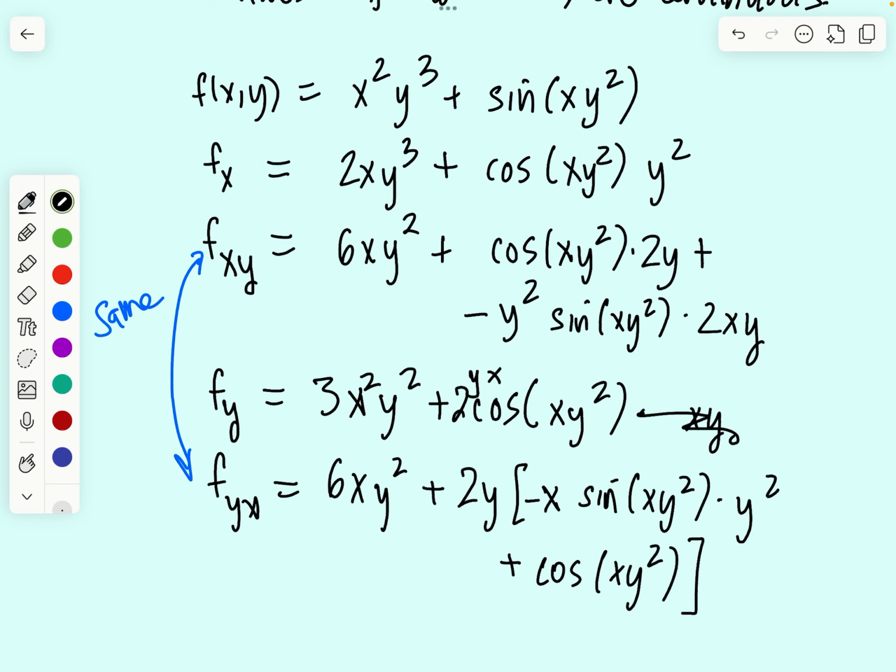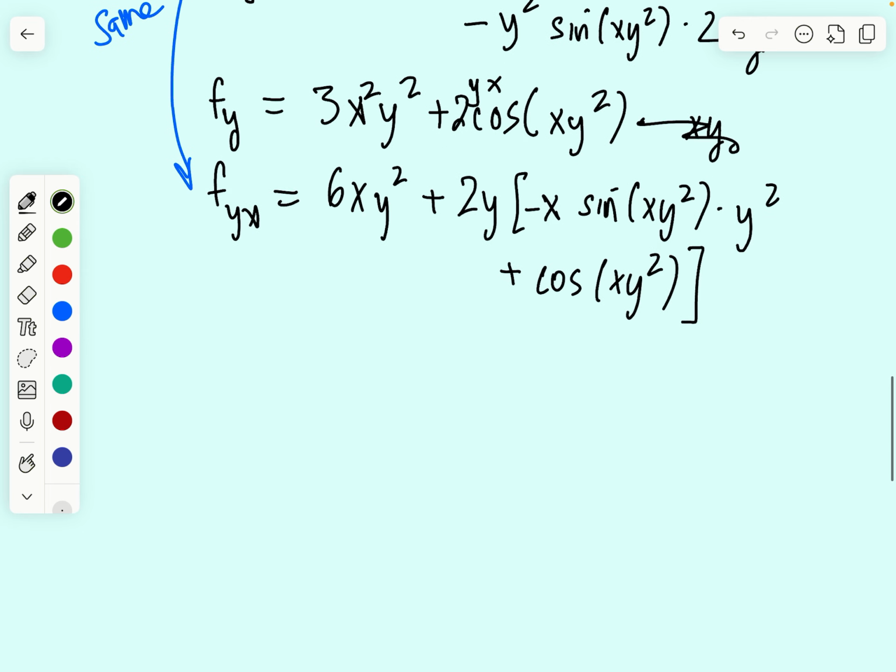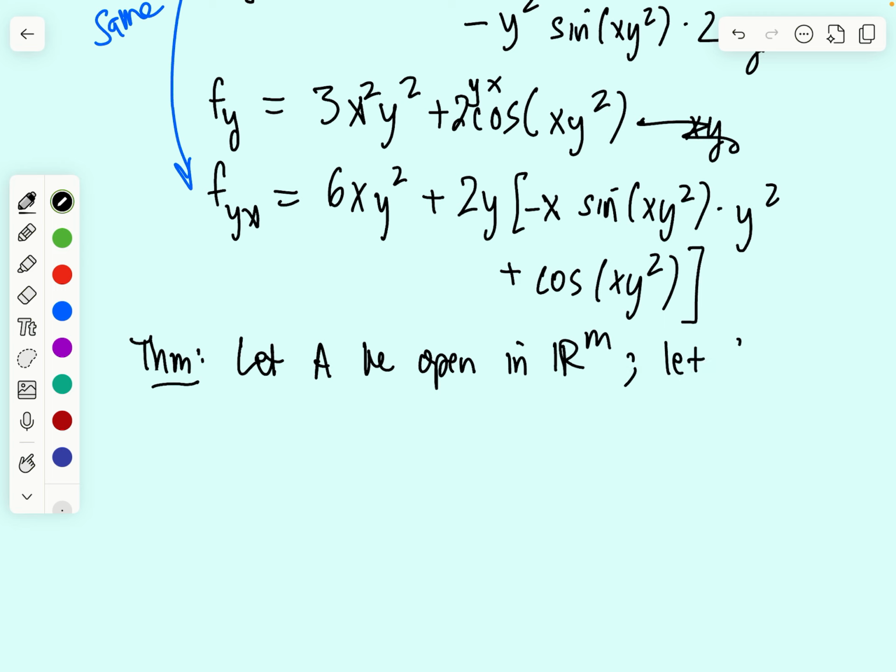And as we might expect, there's a general theorem. So the theorem says that, again, let's say that A is open in R^m, let f from A to R be of class C2.